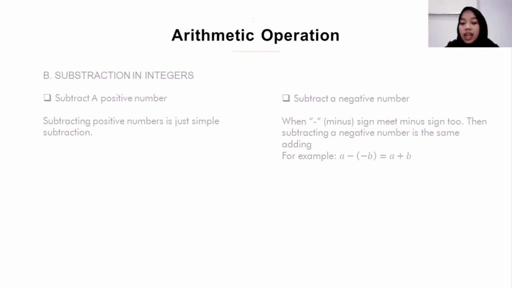For example, a minus (minus b) is equal to a plus b, like that. If minus sign meets minus sign, the result is a plus b.